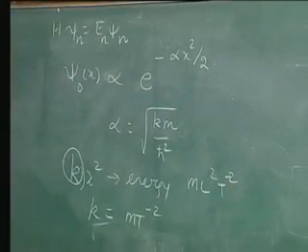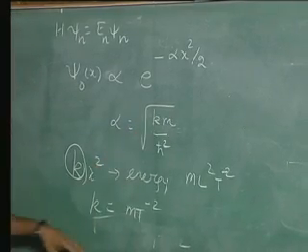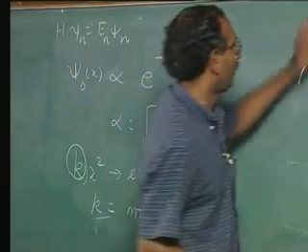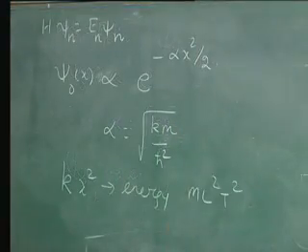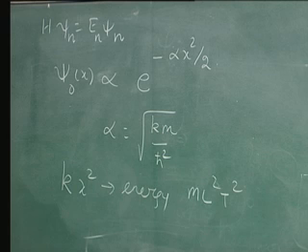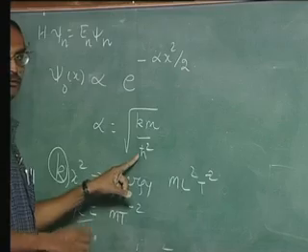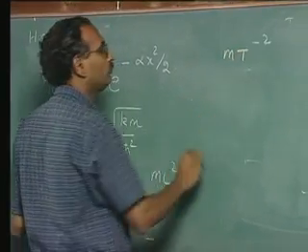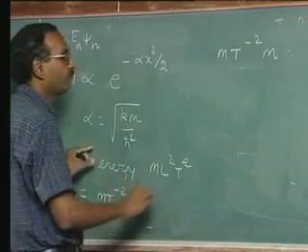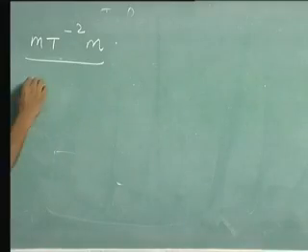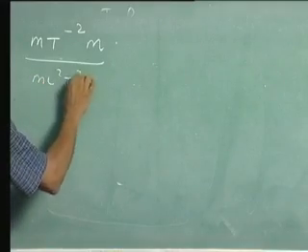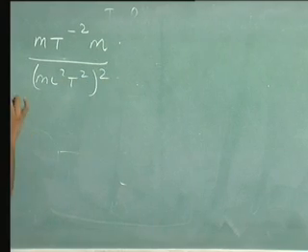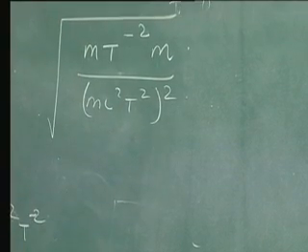And the mass here, let us do the dimensional analysis. Alpha is km by h bar square, so you have m t to the minus 2 and m for the mass, and the h bar is m l square t to the minus 2 whole square, and then you have the square root of this.